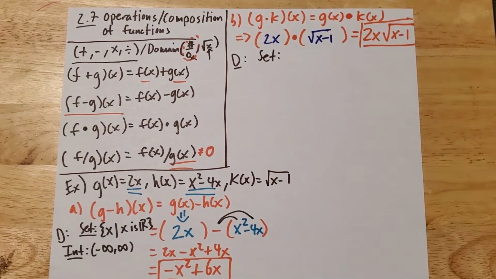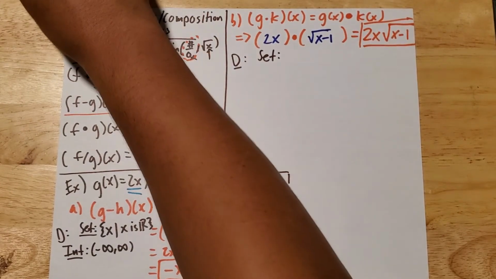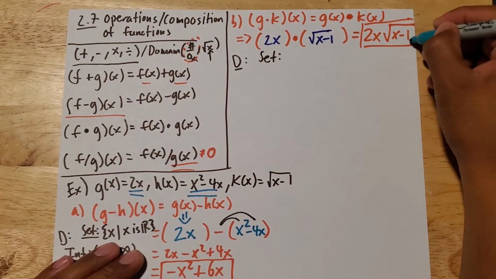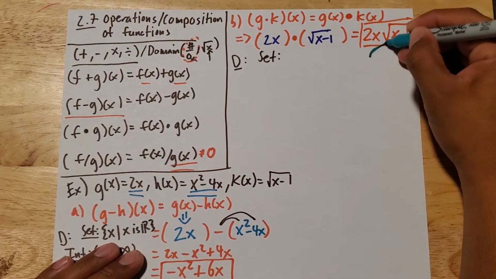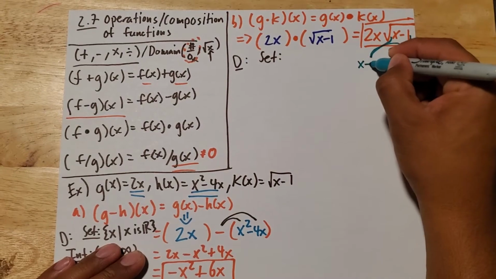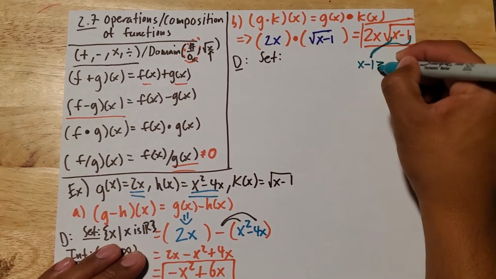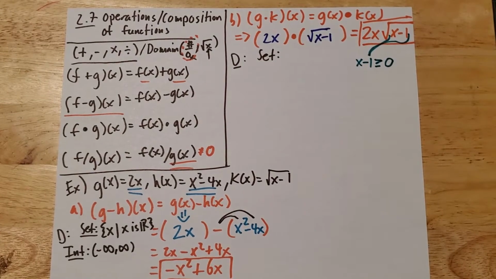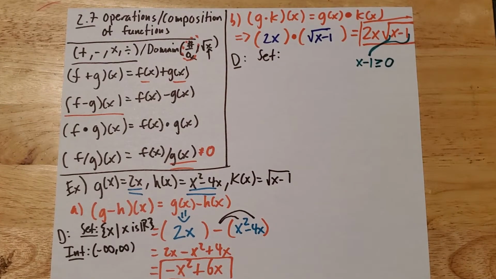And if you guys remember, the way we identified that restriction was taking what was inside the square root. Because we know we want that radicand to be greater than or equal to 0, because all the numbers that are bigger than 0 are positives, which are okay inside of the square root.